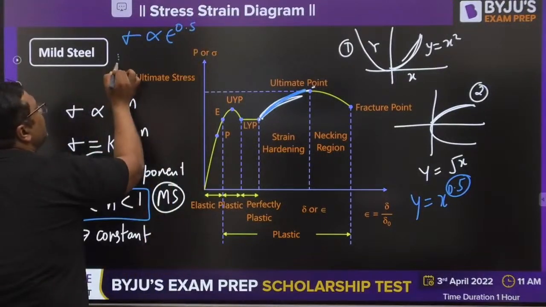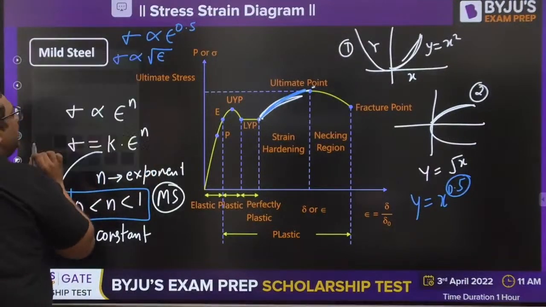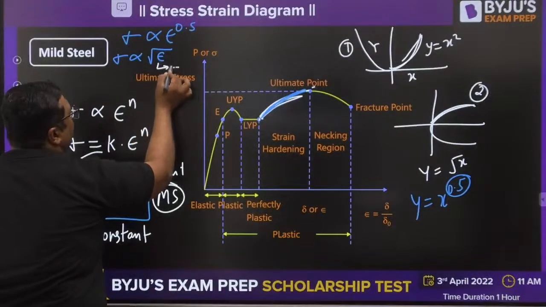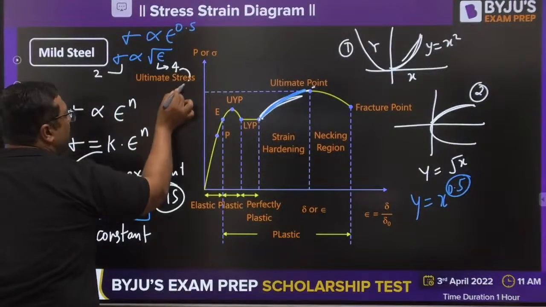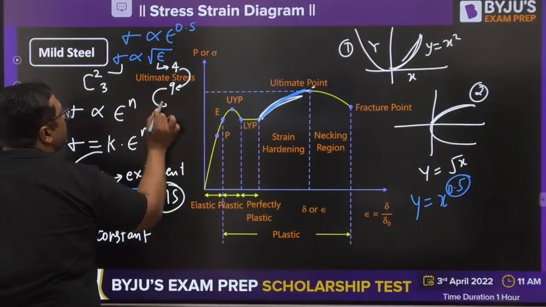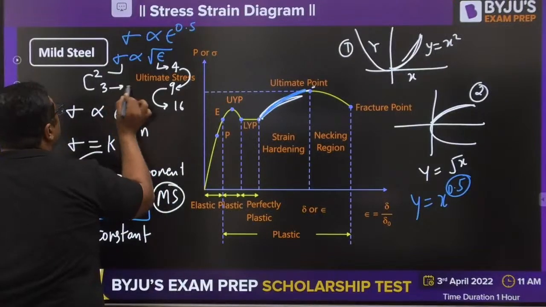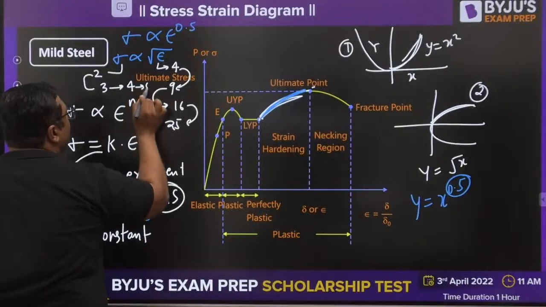You know one thing, when stress is directly proportional to root epsilon, you can say one thing very easily. If strain is becoming 4 times, stress will become 2 times. When strain is becoming 9 times, stress would become 3 times. When strain is becoming 16 times, stress is becoming 4 times. Strain is becoming 25 times, stress is becoming 5 times.